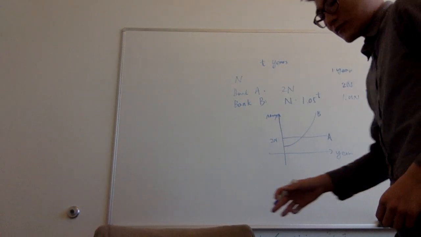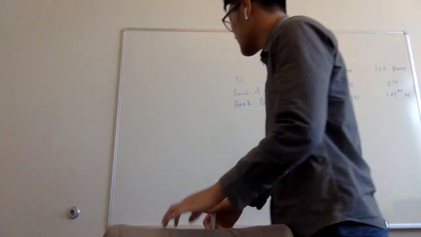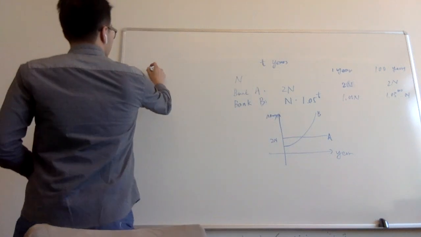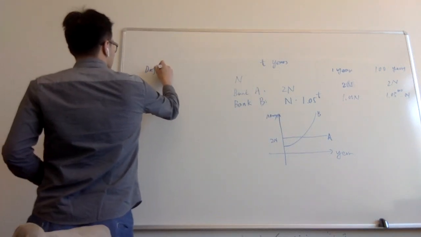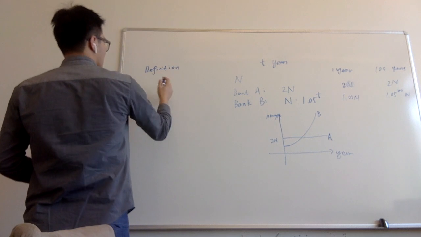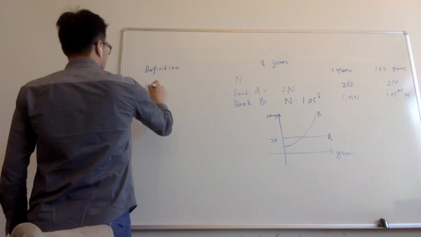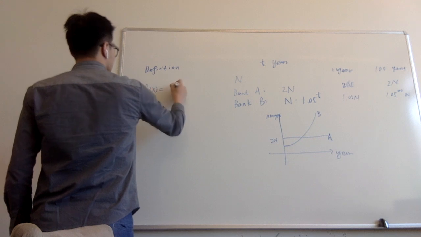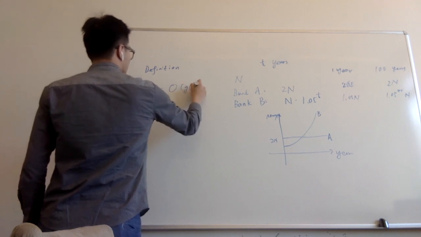I will first try to write the definition for BigO. Normally we write that function f of x is BigO of g of x.